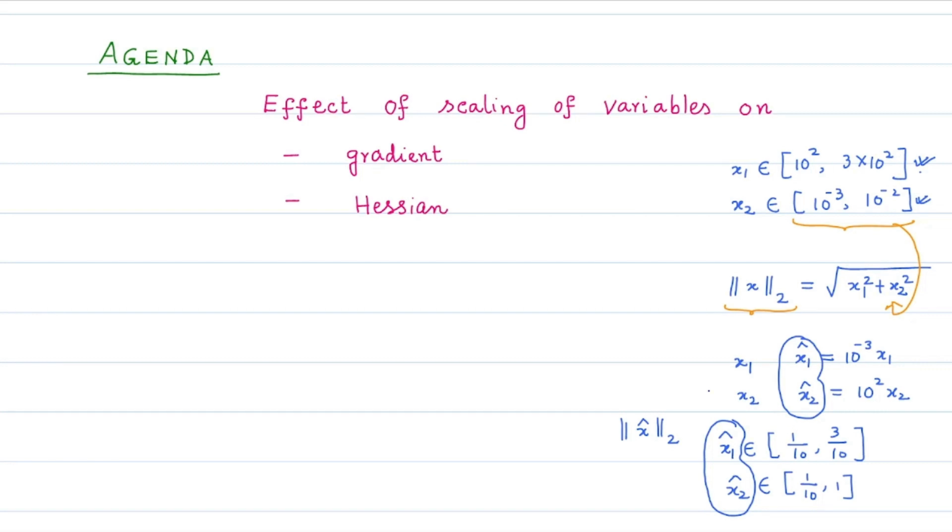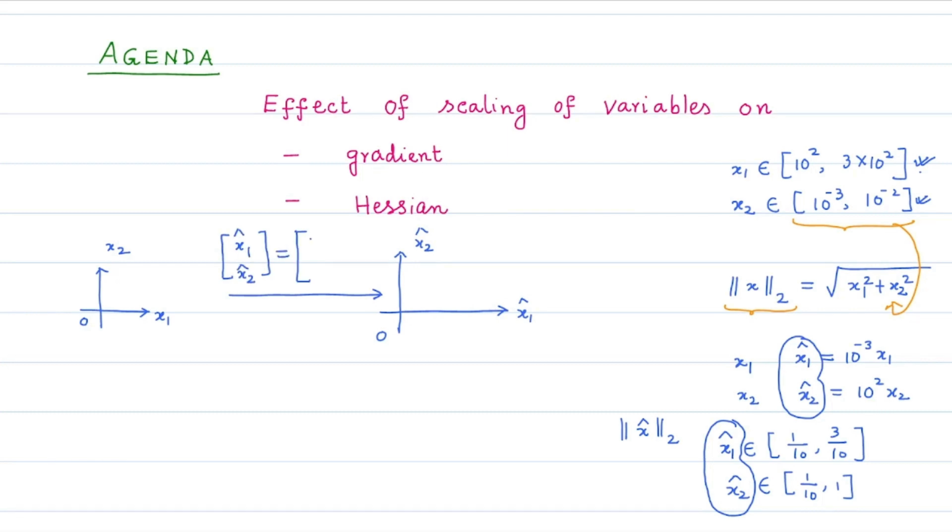Effectively, we have changed the variable space from x1, x2 to a new variable space given by x1 hat and x2 hat, which are given by a matrix multiplication, a 2 by 2 matrix times the vector x1, x2.